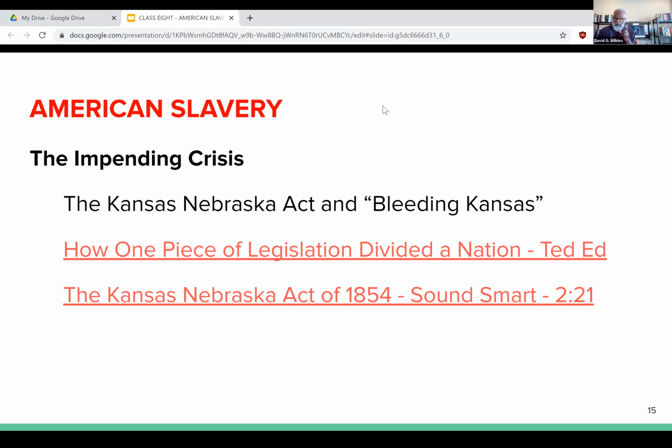Other bloodshed was taking place, not only the destruction of the then existing political structure, the Whigs now becoming the Republicans, and the rift between the Northern Democrats and Southern Democrats.